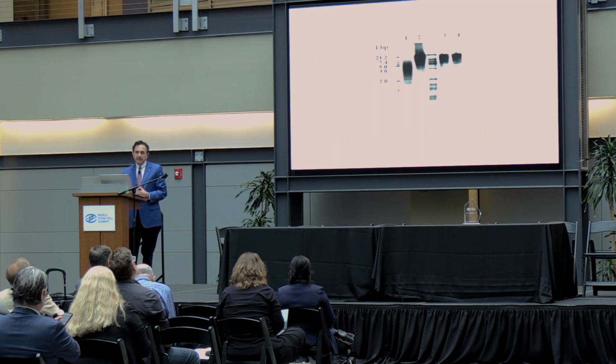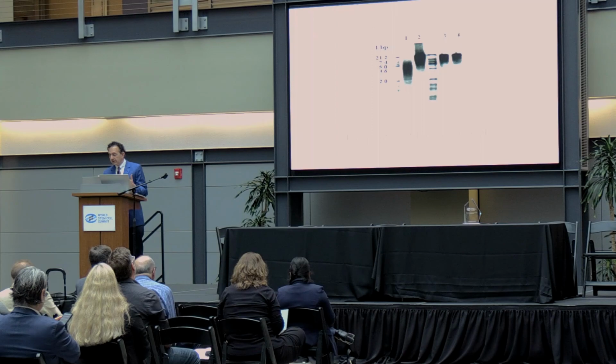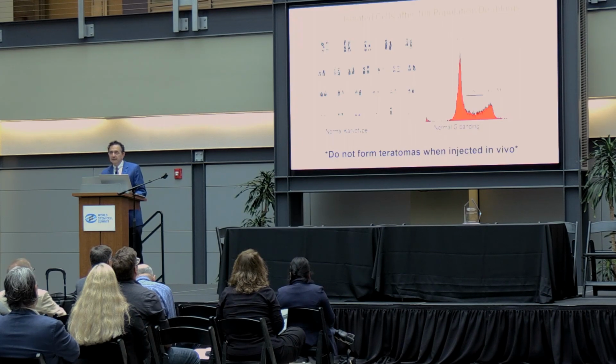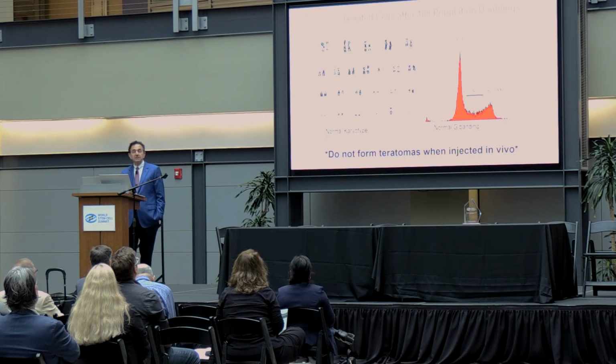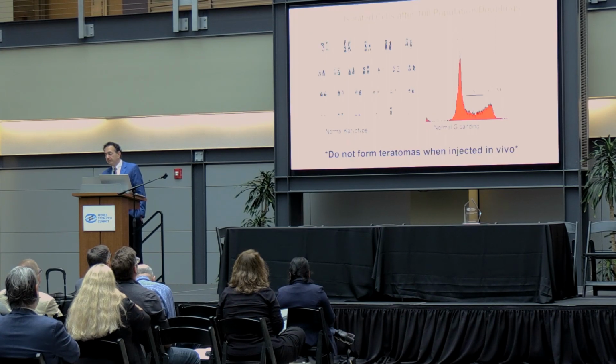Like human embryonic and iPS cells, they would preserve telomere length. That is, the cells could keep growing and growing. But this was a major difference that surprised us: unlike human embryonic and iPS cells, these cells would not form tumors, because they're not as primitive, right? They're pushed more into a developmental pathway already.